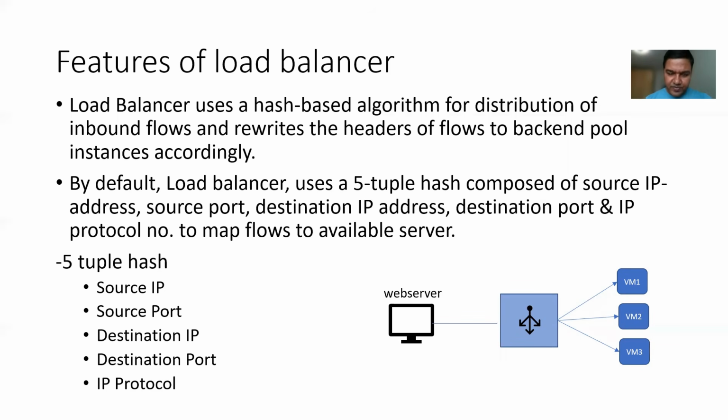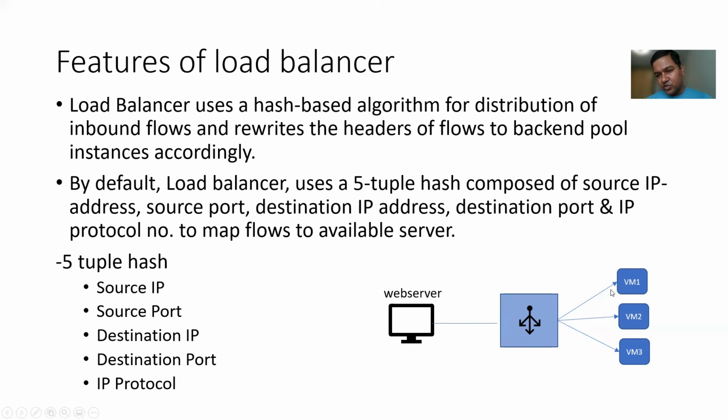So here, let's say there is a web server which is trying to connect to your Azure virtual machines. There will be a load balancer. If this is a web server, then this load balancer is actually a public load balancer, which manages where the traffic should go.